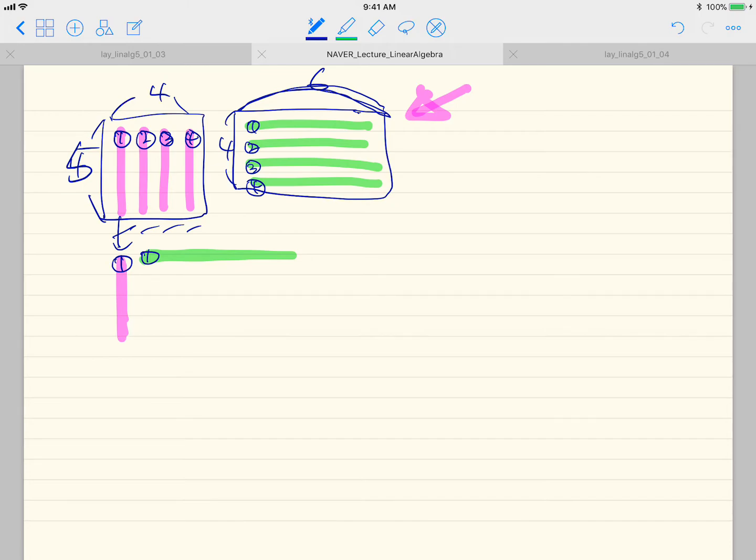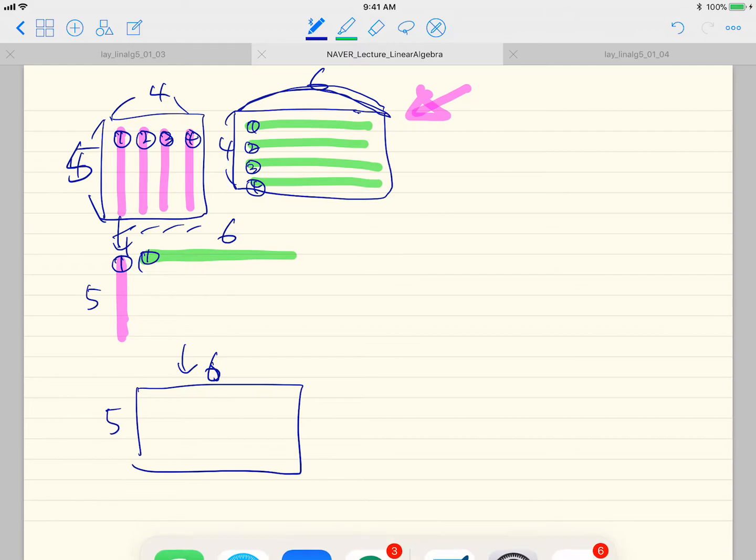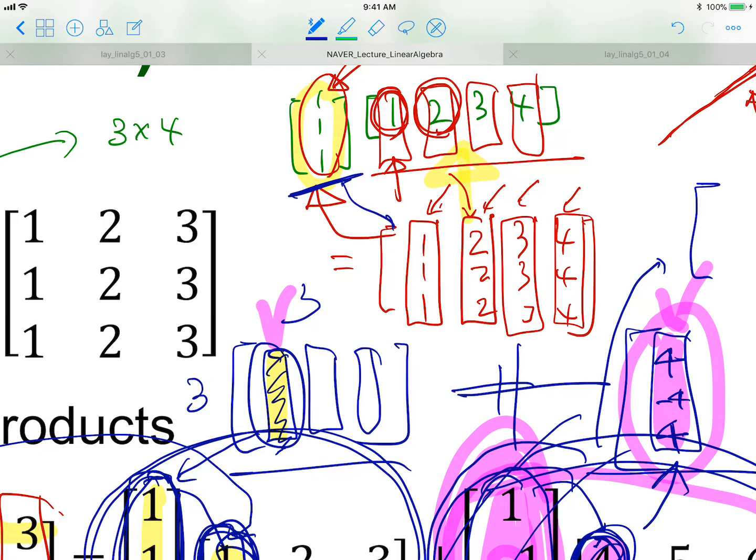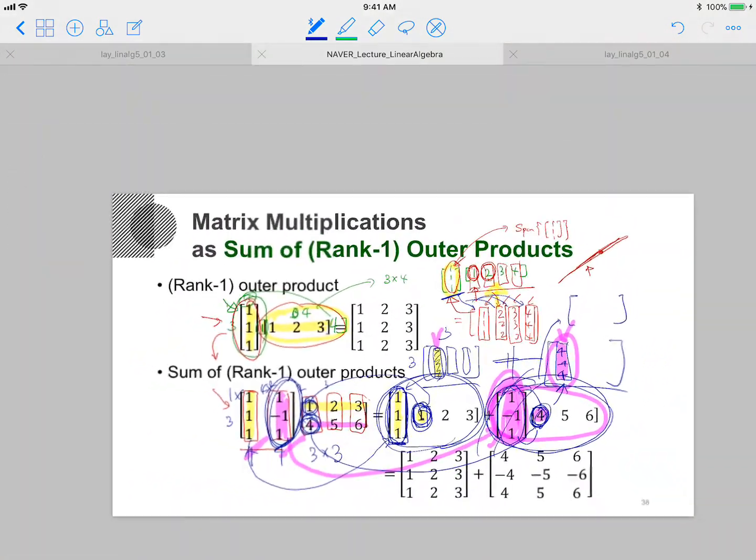Okay, so in this case, this outer product will form what? What is the size? 5 by 1 and 1 by 6, right? And thus it will form this big matrix of 5 by 6, right? And you understand that it's all scalar multiples of this first vector, just like we had a scalar multiple of this vector by using a different multiplication factor, right?